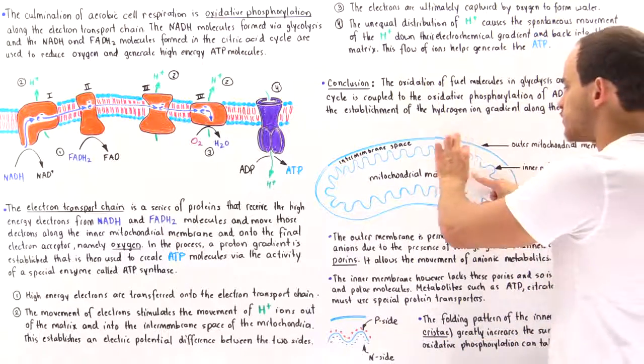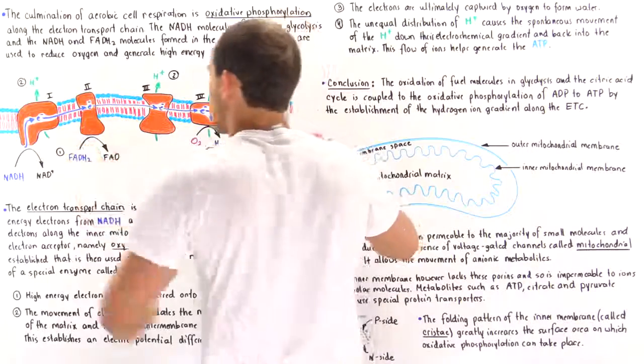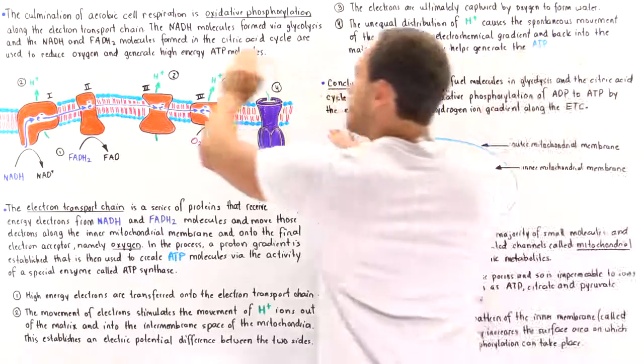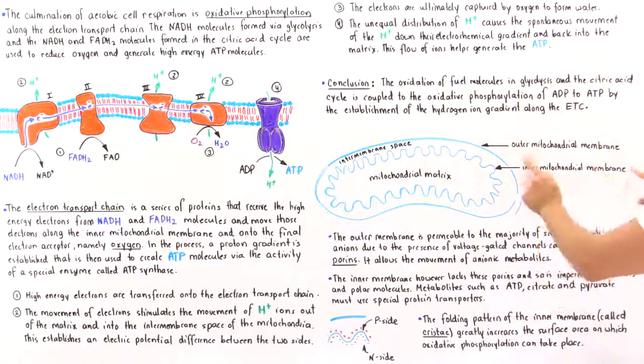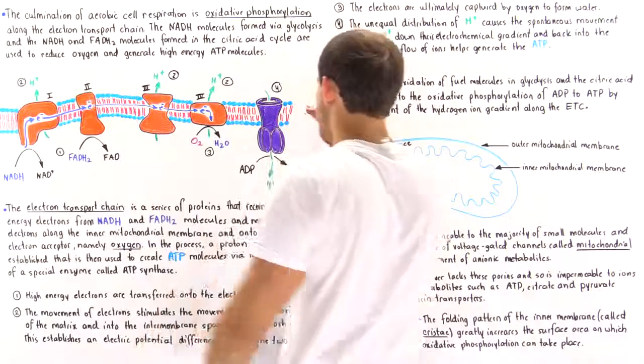So let's zoom in on a small section of the inner mitochondrial membrane. This is what we're going to find. This is the matrix, and this is the intermembrane space, the space between the inner membrane and the outer membrane. The outer membrane is somewhere right here.